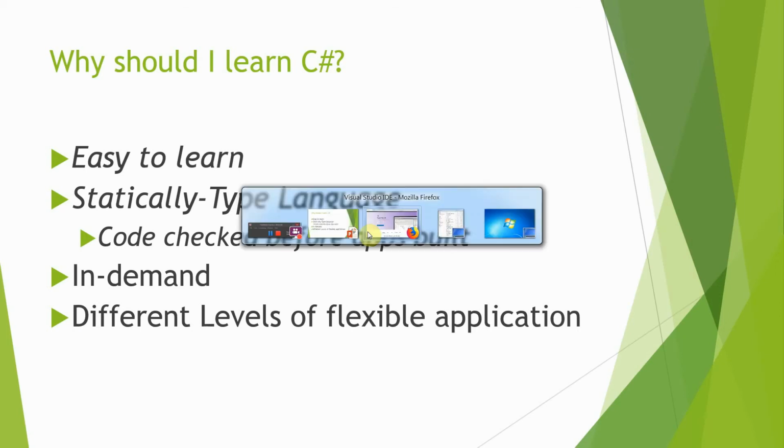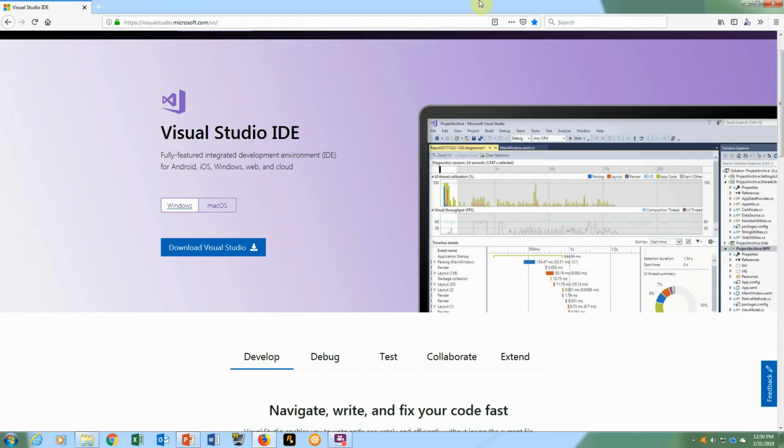So now what we're going to do is look at our IDE, and this is what we're going to use to develop our applications in. We're going to use Visual Studio as our IDE. The reason why is because it's one of the best IDEs out there, in my own opinion. There's Eclipse out there, obviously, but that's more used for Java work.